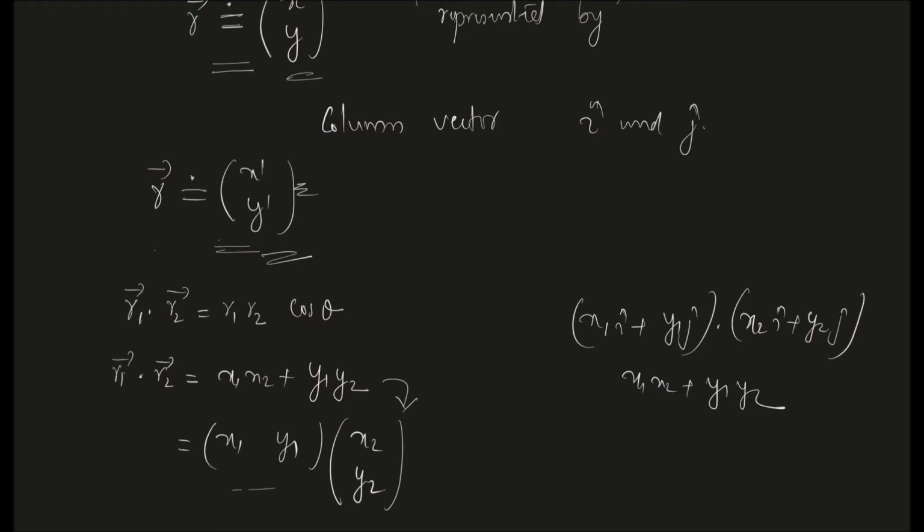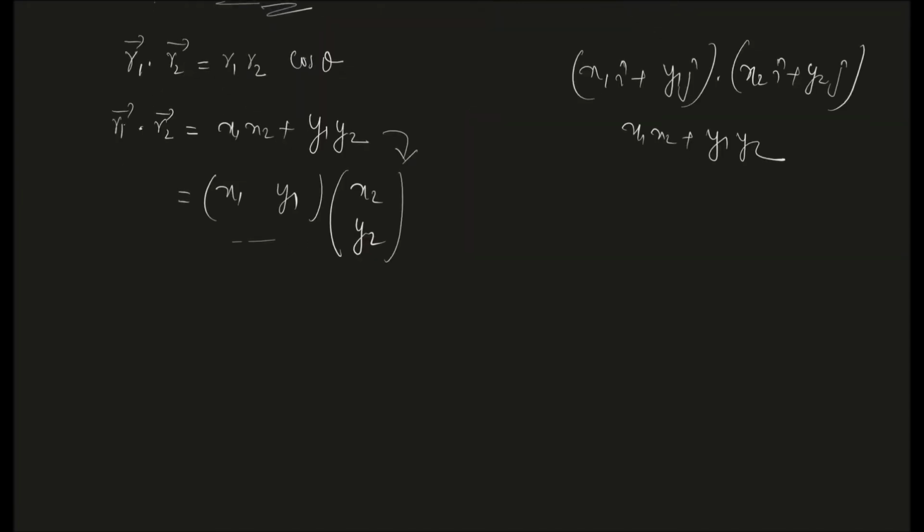And if the components of r1 and r2 were complex, then we would write the inner product as this. The inner product of r1 and r2, for complex vectors, is written in this form: r1 star dot r2. So this will be basically x1 star.